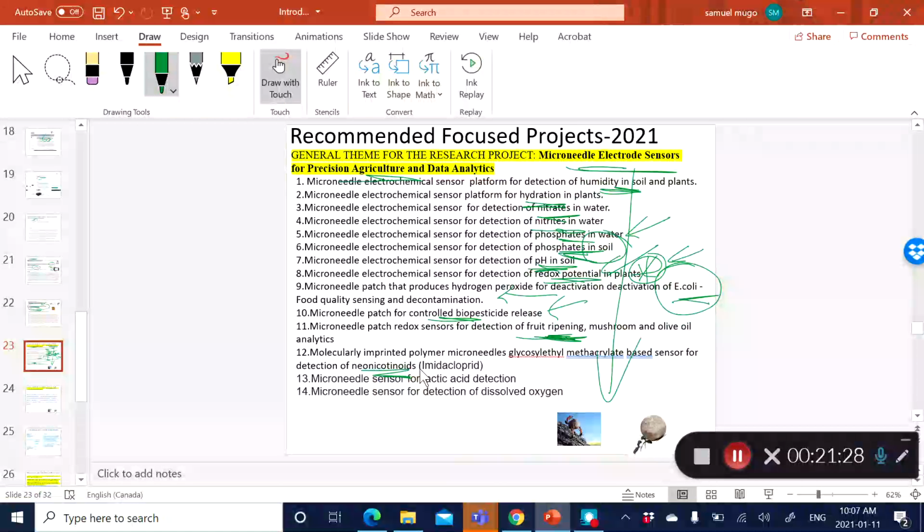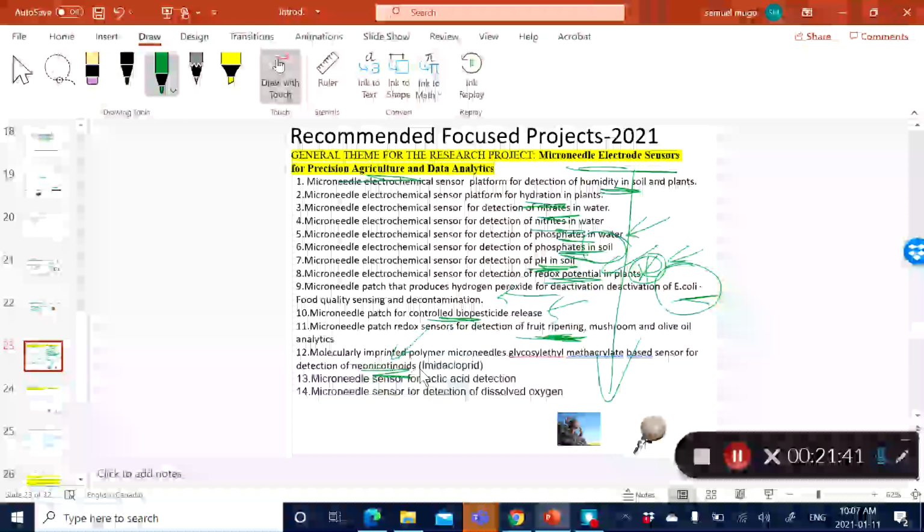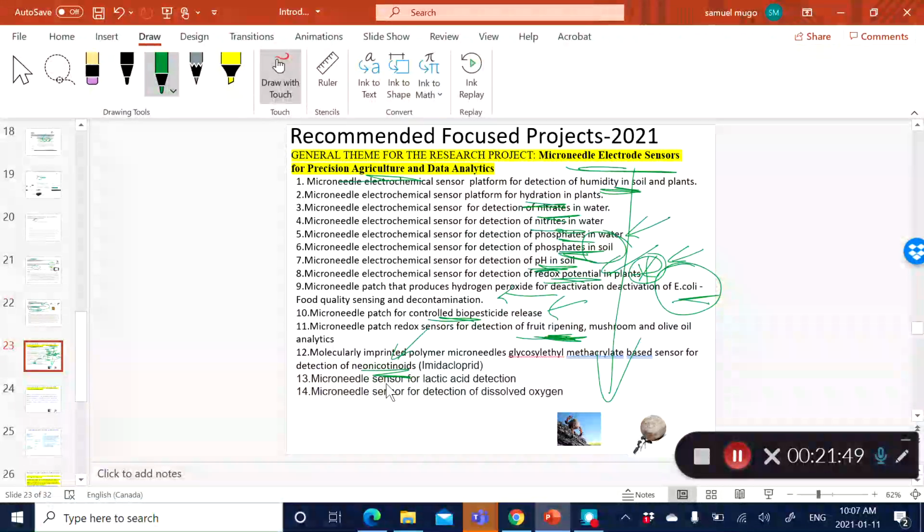It's been found to be the reason why we have seen a decline in the bee population, because of its toxicity towards bees. And right now, we don't have a very good way of detecting the use of neonicotinoids. So if somebody can develop a sensor for that, that can be interesting.